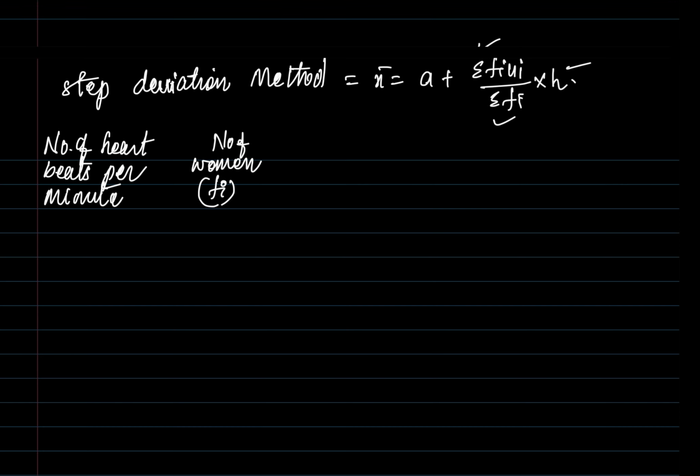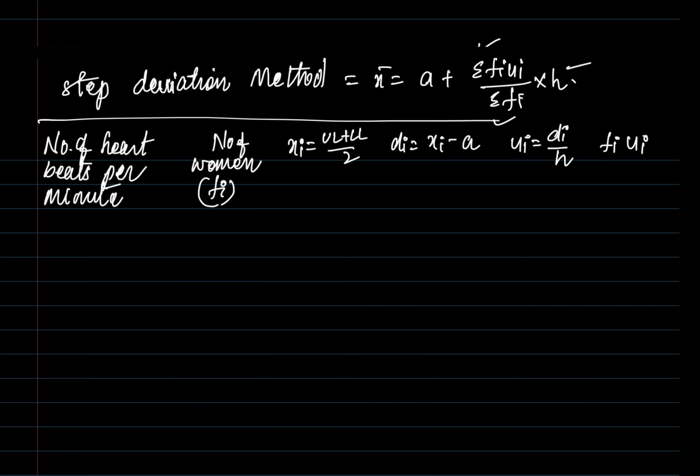Then next we have to find xi. xi is equal to upper limit plus lower limit by 2. Then next we have to find di. di is equal to xi minus a. Then we have to find ui. ui is equal to di by h, I told you. Then we have to find fi into ui. So let me make this table.